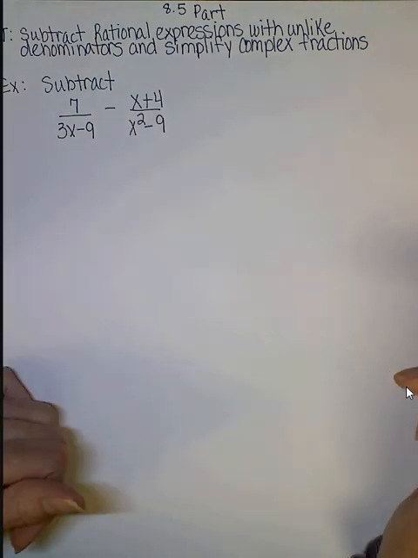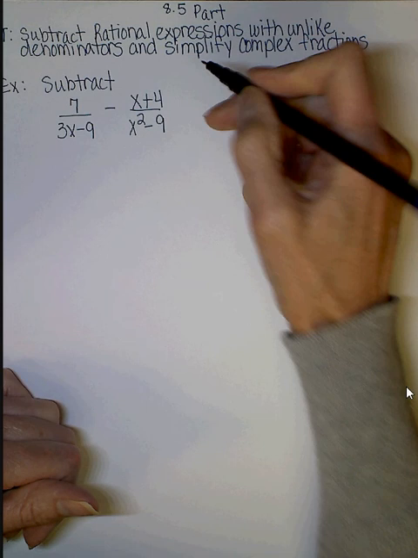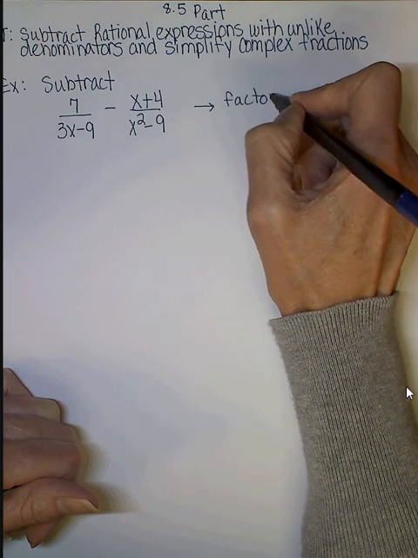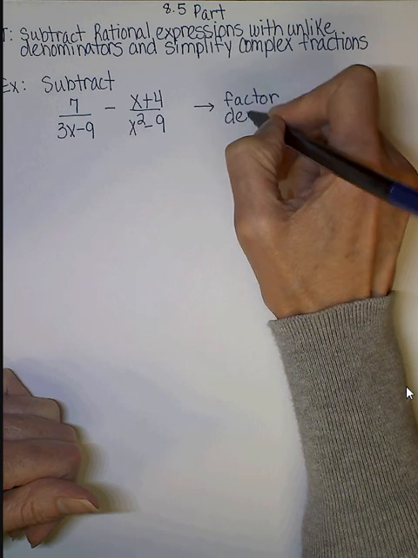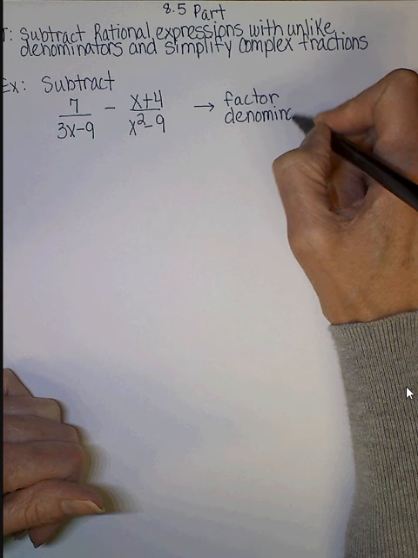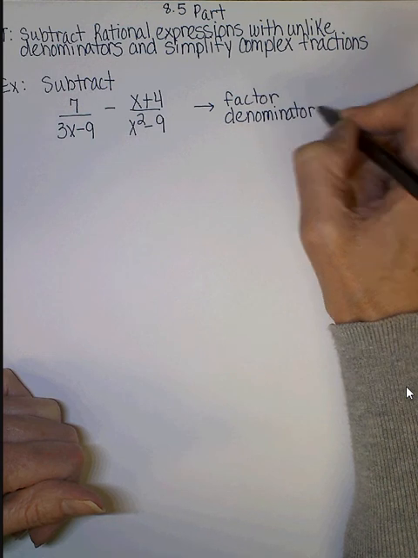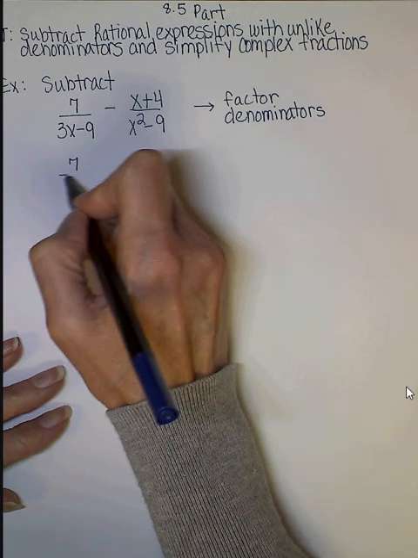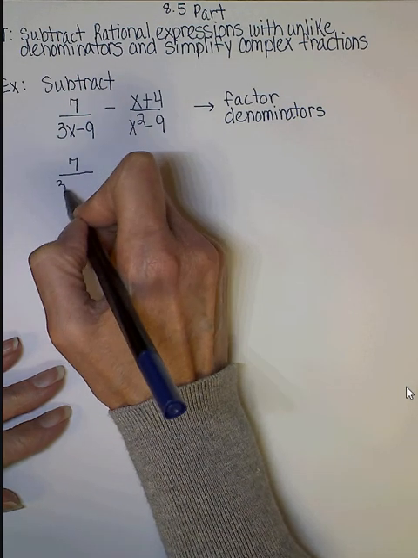We're going to have to get a common denominator. So the first thing we're going to do is factor the denominators. We have to get them factored so we can look at them and see what the common denominator would have to be. Okay, so on this first denominator I can factor out a 3.